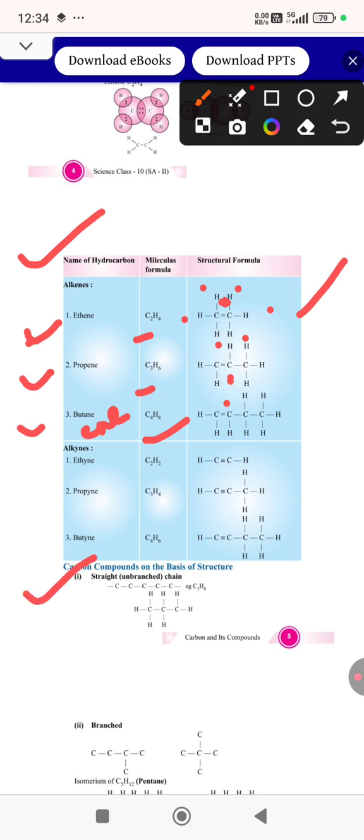Next one, carbon compounds on the basis of structure, straight or branch chain. If we take 3 carbon and H8, we can arrange it like this in single bond.